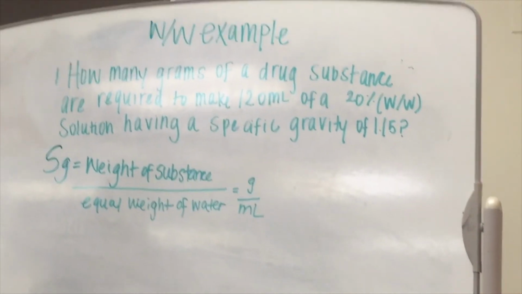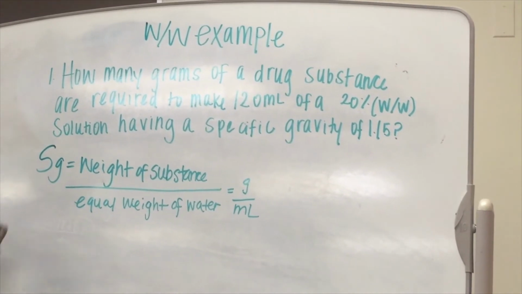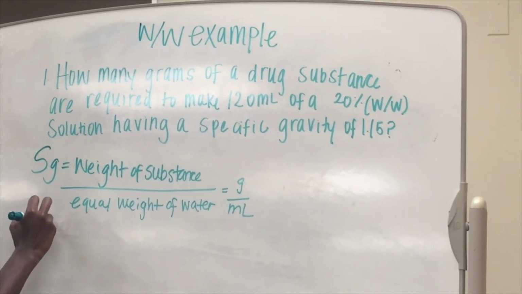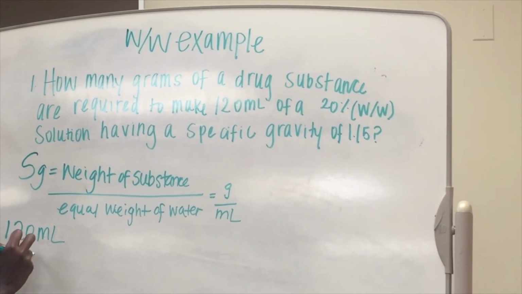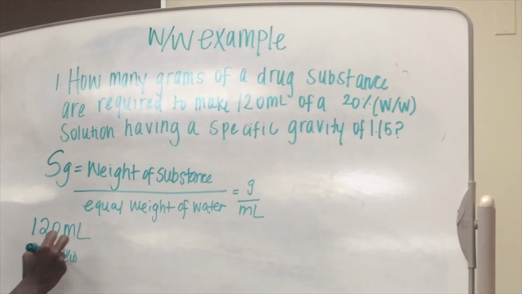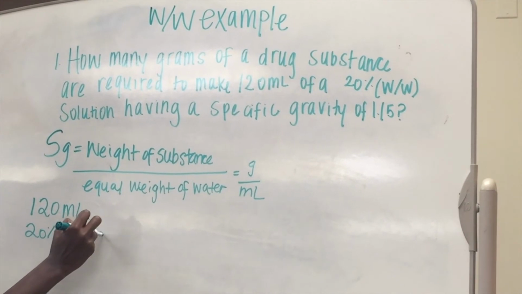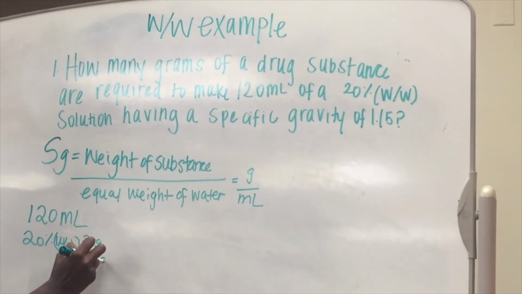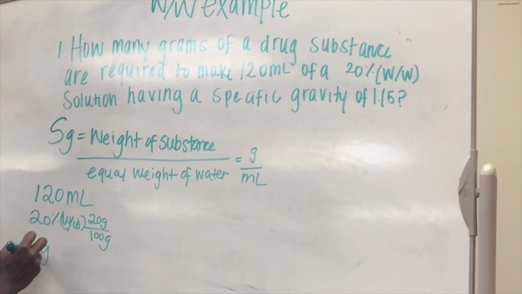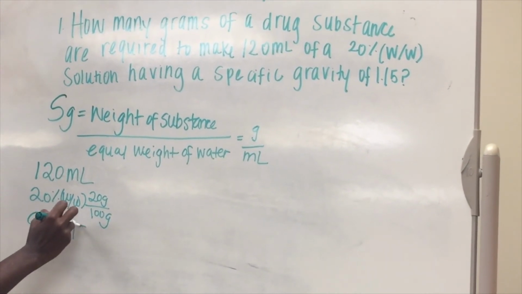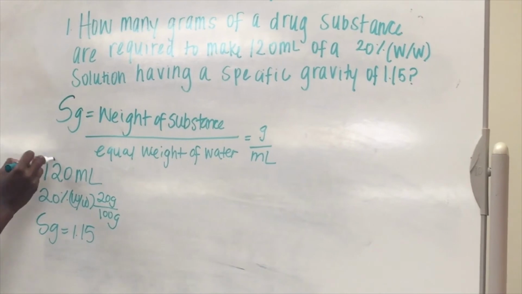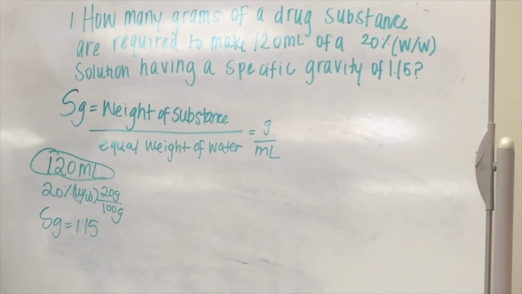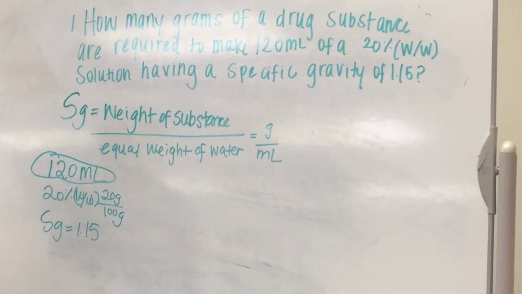Okay, so next, using our steps, we're gonna write down what we're given, which is the 120 mLs, the 20% weight per weight, which is also 20 grams over 100 grams, and then our specific gravity, which is 1.15. Since we're doing weight per weight, we know that this 120 mLs has to be converted to a grams percentage.